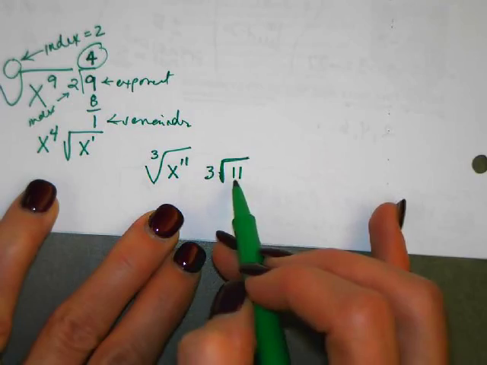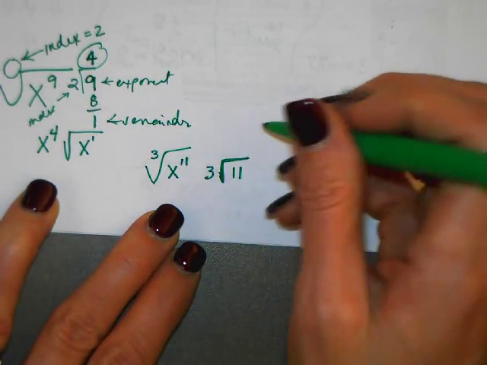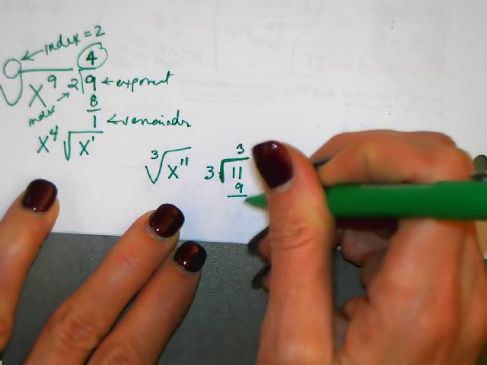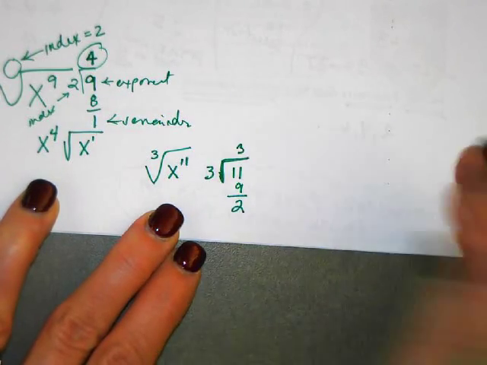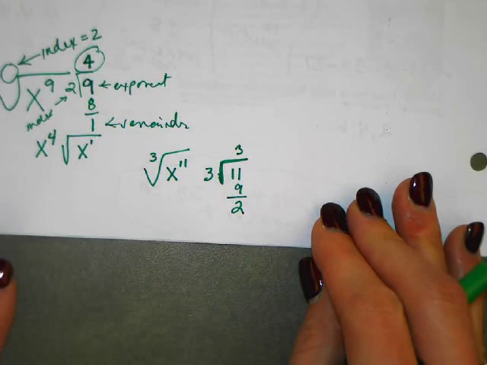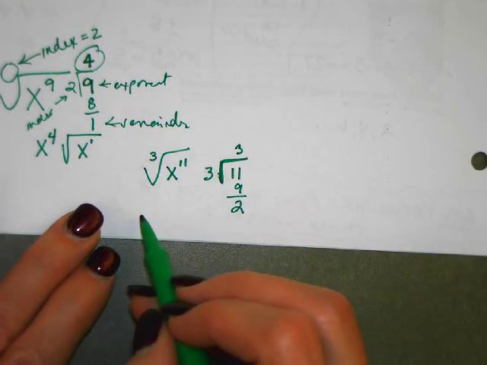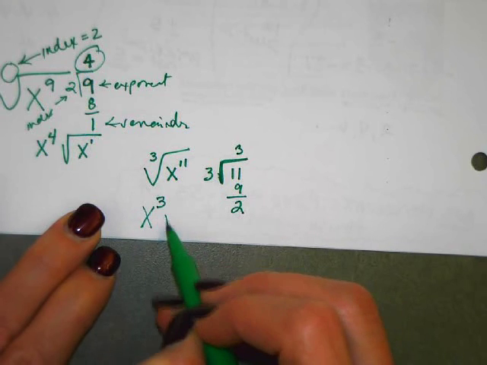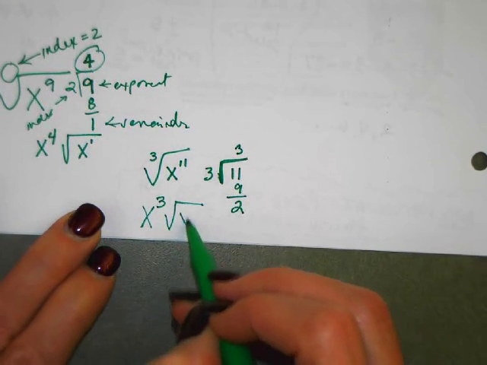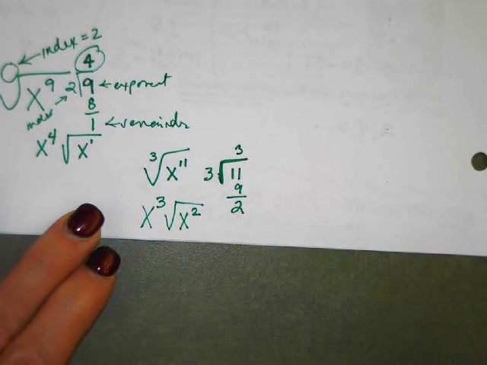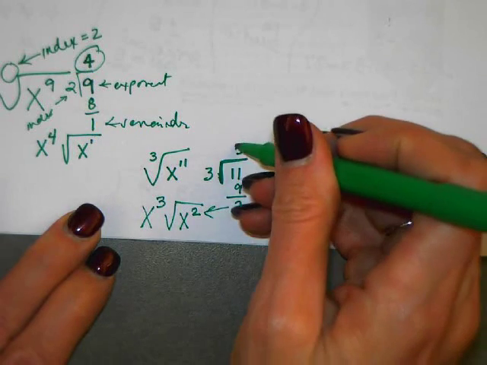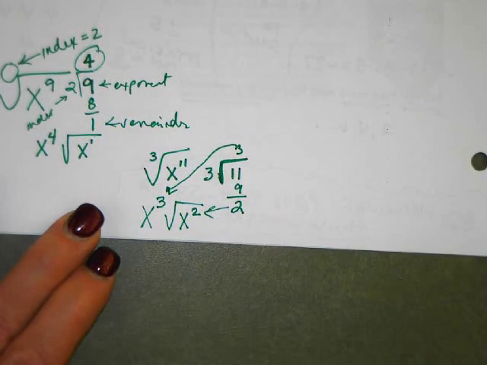So 3 goes into 11 how many times? 3. So 3 times 3 is 9. I have a remainder of 2. So therefore, I'm going to have x to the cubed pulled out, and then underneath my radical sign, I'm going to have x squared. Okay, so this is going to go there, and this is going to go there.